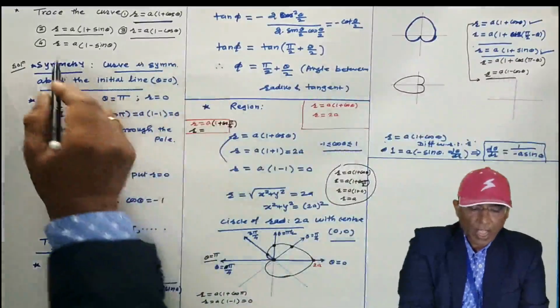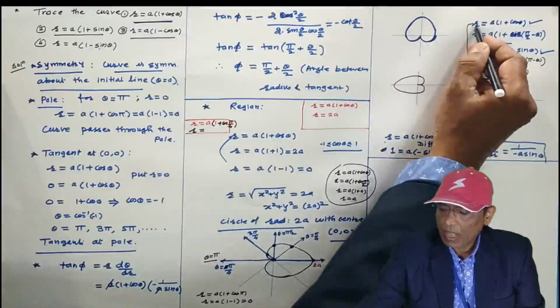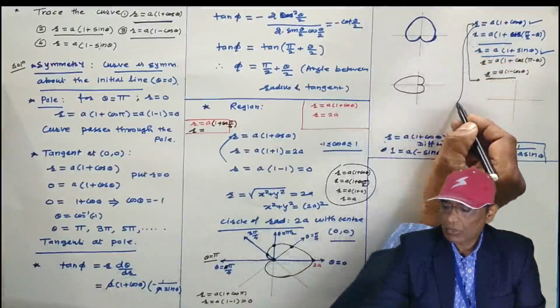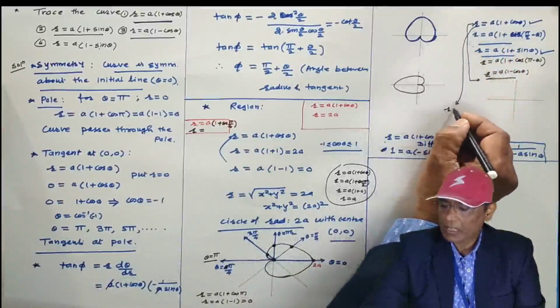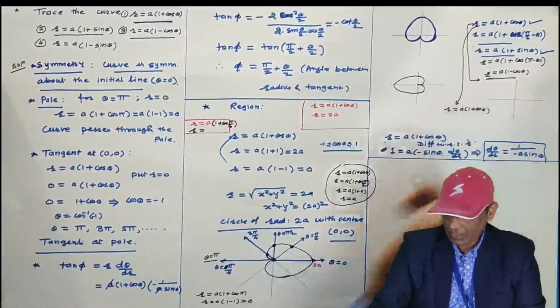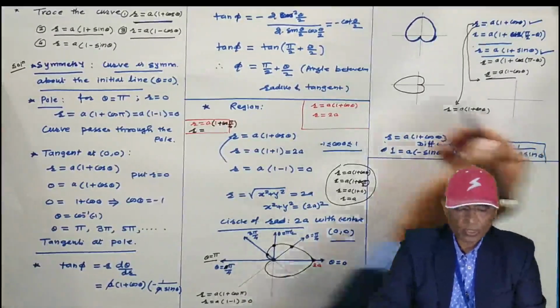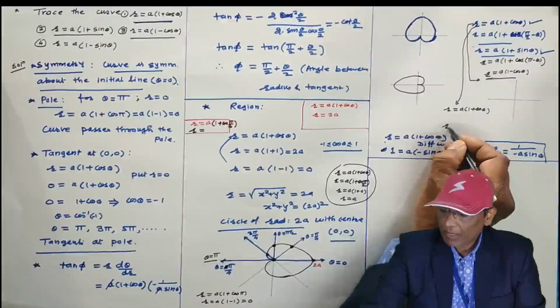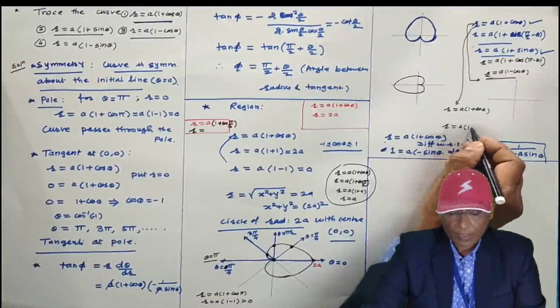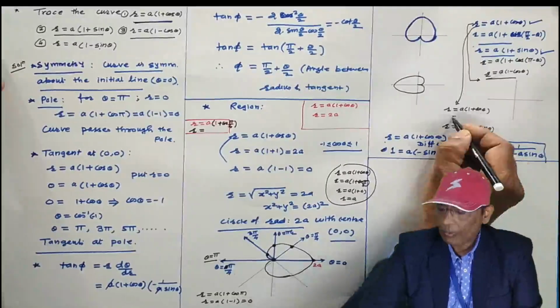Now the next, r is equal to a(1 minus sin theta). From this one, how to get r is equal to a(1 minus sin theta)? The curve r is equal to a(1 plus cos theta) is available. Now from this, how to get a(1 minus sin theta)? From cos to minus sin.